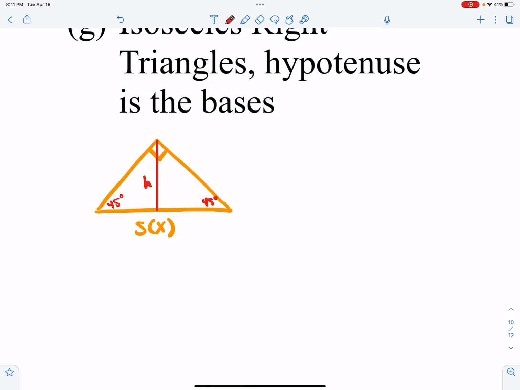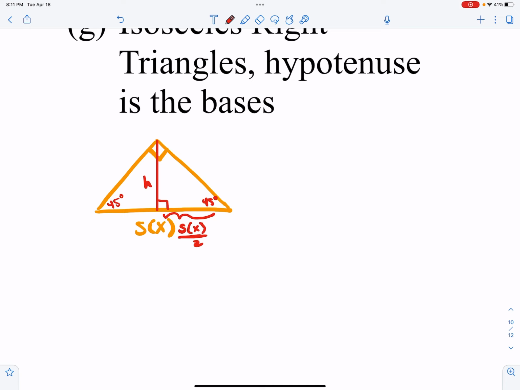We know that the line that we dropped to represent the height cuts s of x in half. So this right triangle that we've created with the height and half of the hypotenuse, that leg would be s of x over 2.